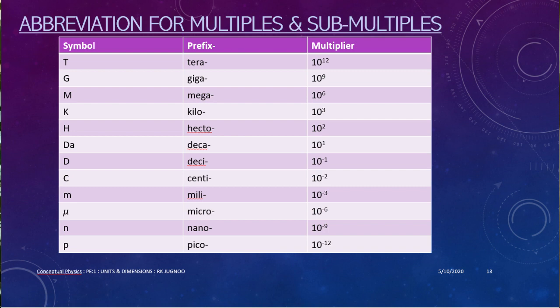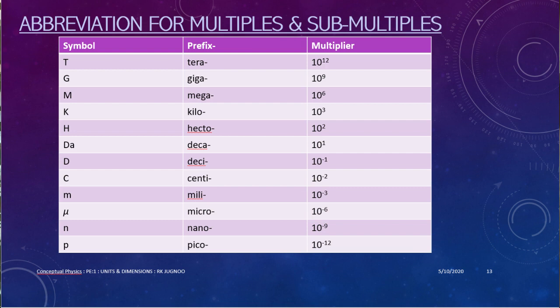Tera is the prefix and the multiplier is 10 to the power 12. Giga, 10 to the power 9. Mega, 10 to the power 6. Kilo, 10 to the power 3. Hecto, 10 to the power 2. Deca, 10 to the power 1.